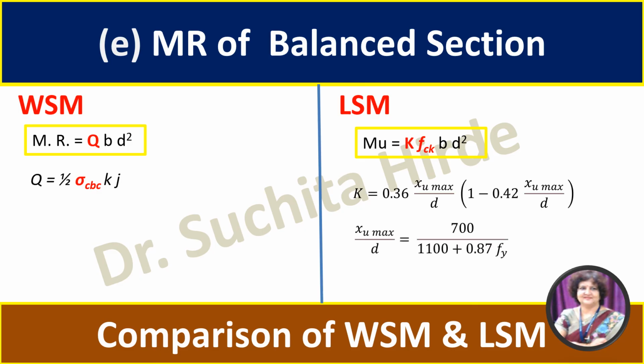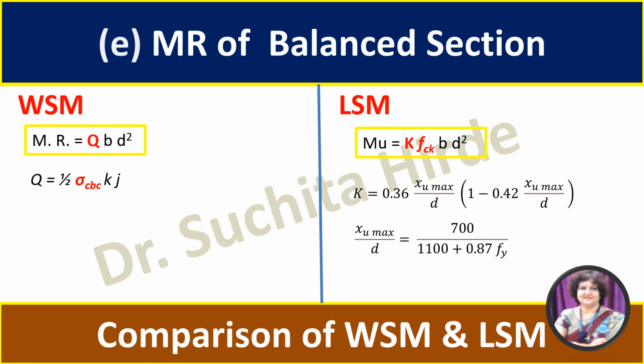In this formula there is XU max by D. This is obtained from the formula 700 divided by 1100 plus 0.87 Fy. Fy we get from grade of steel.